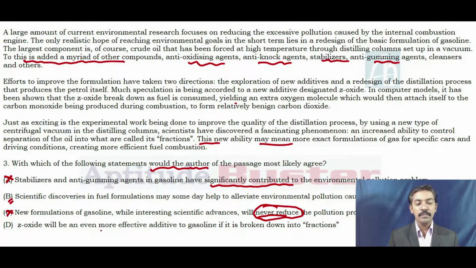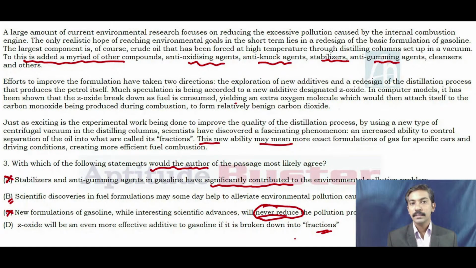Z-oxide will be an even more effective additive to gasoline if it's broken down into fractions. You have to be cautious here, because you would most likely fall into the trap of this keyword. You have the word fractions in the passage and you have the same word appearing in the option. Please beware.